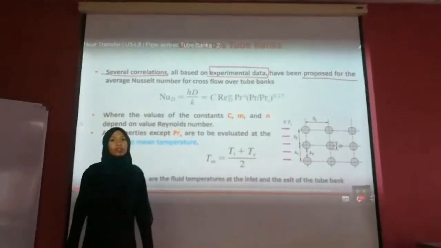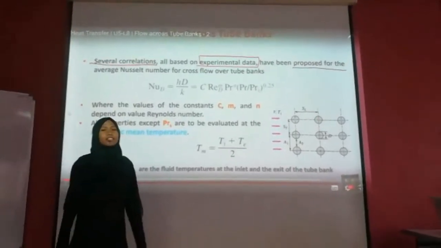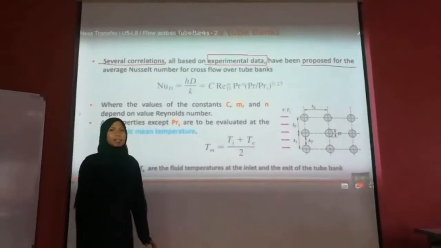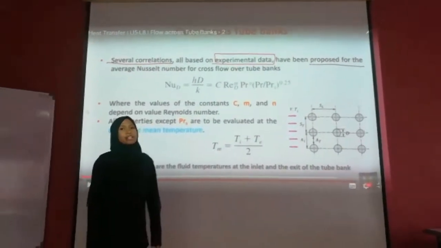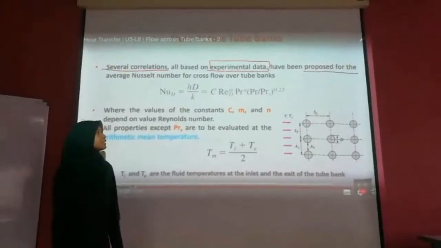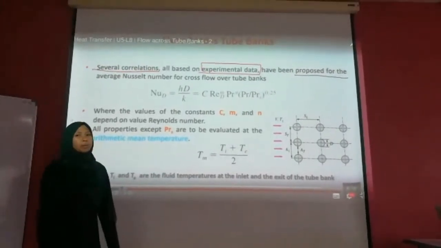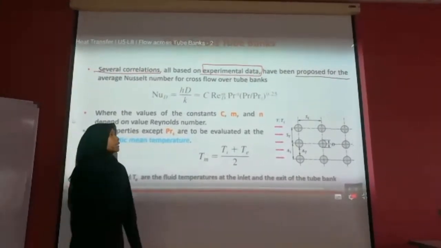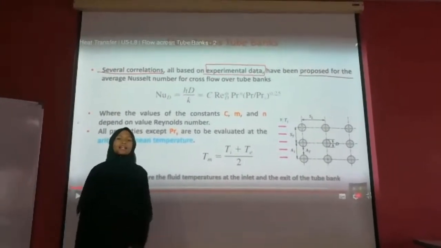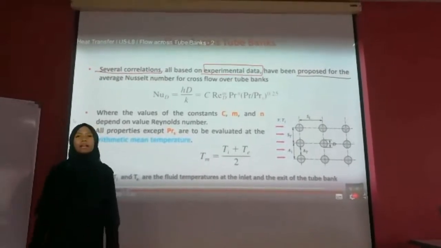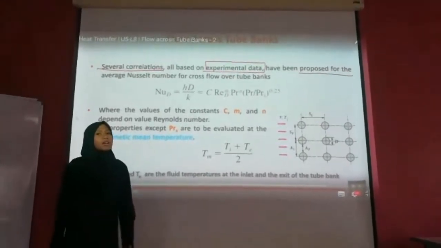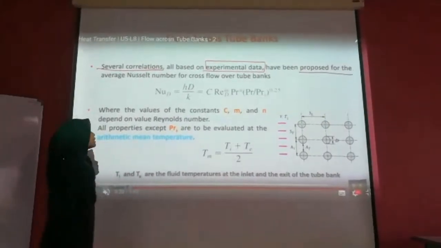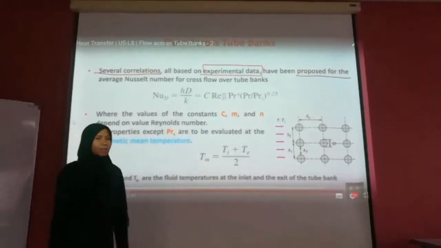Nusselt number equals hD divided by k, where h is the convective heat transfer coefficient, D is the diameter and k is the thermal conductivity of the fluid, equal to C times Re to the power of m, Pr to the power of n, open bracket Pr over Prs close bracket to the power of 0.25. Re is the Reynolds number while Pr is the Prandtl number. C, m and n are constants whose values depend on the Reynolds number.